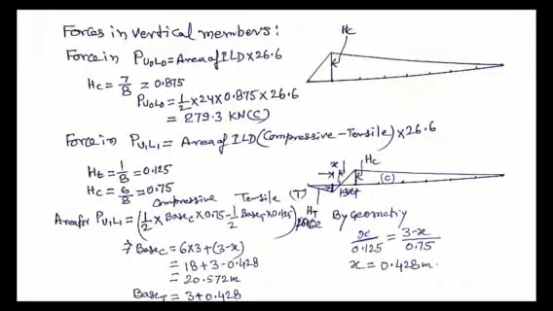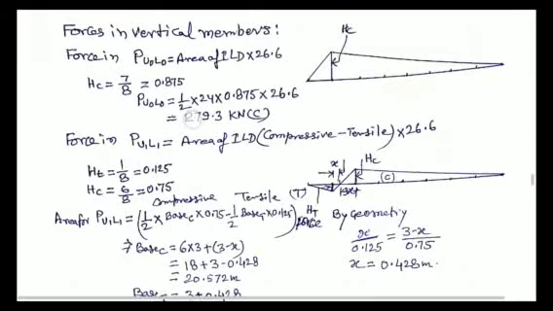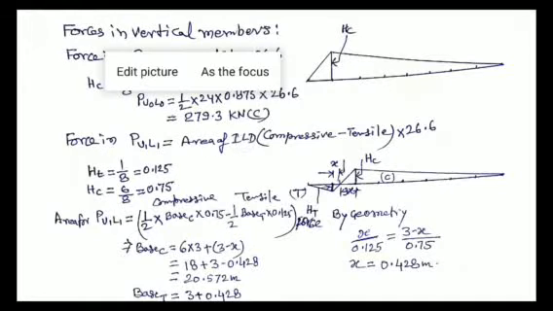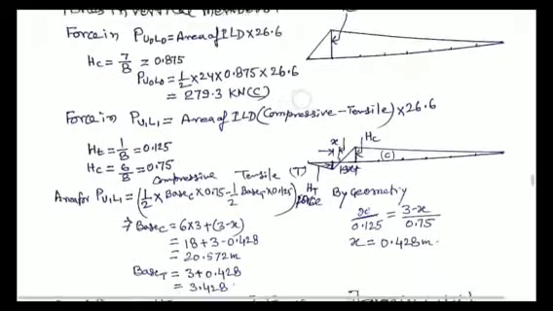Okay, so this height HC will be equal to 7 by 8, and this will be equal to 0.875, and it's in compression each and every time. The last member which is on support will be in compression. So the ILD diagram is in this form. So the total force in this member will be 279.3 kilonewton, which will be compressive in nature.